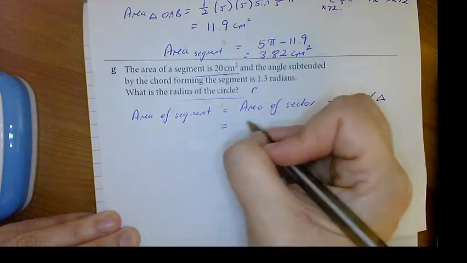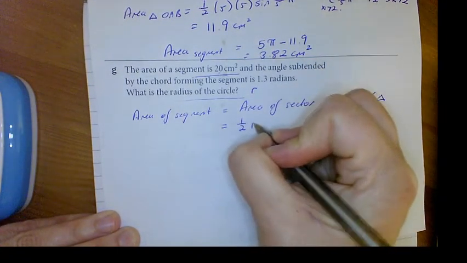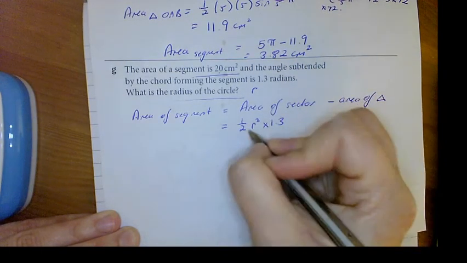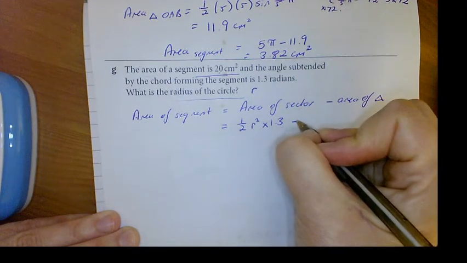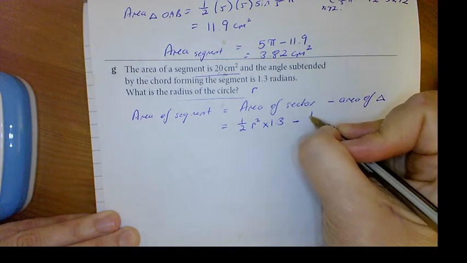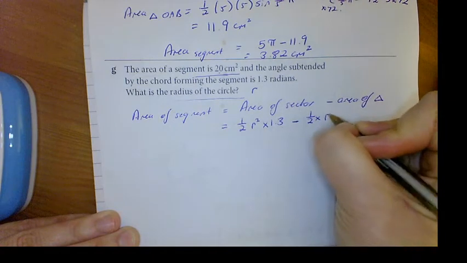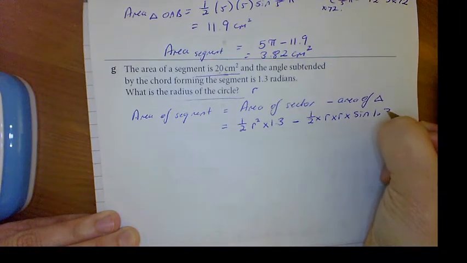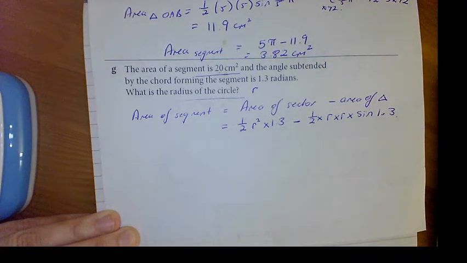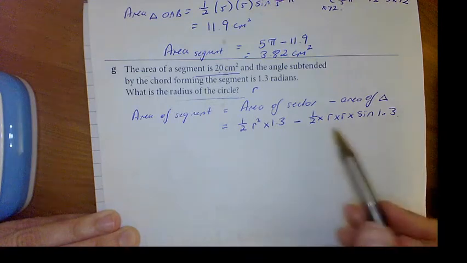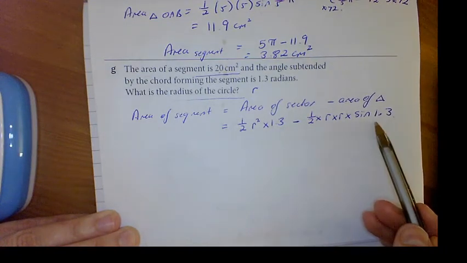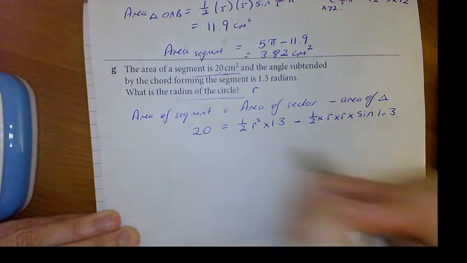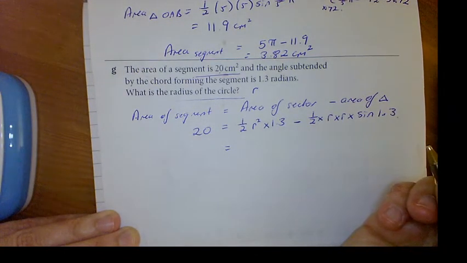Well, the area of a sector is a half r squared theta, so a half r squared times 1.3, minus a half times my radius times my radius times sine of 1.3. Are you following so far? So there's my triangle, and I know that is 20. So let's just solve this.